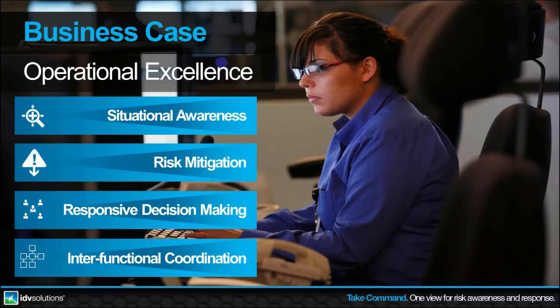So you're helping to drive a business case, operational excellence, putting a tool set in place that provides true global situational awareness, that gives you that preemptive visualization of risk against the things you care about, and hopefully the ability to mitigate the risk against those things that you care about and are responsible for managing. Putting a responsive decision-making process with a tool set in place.